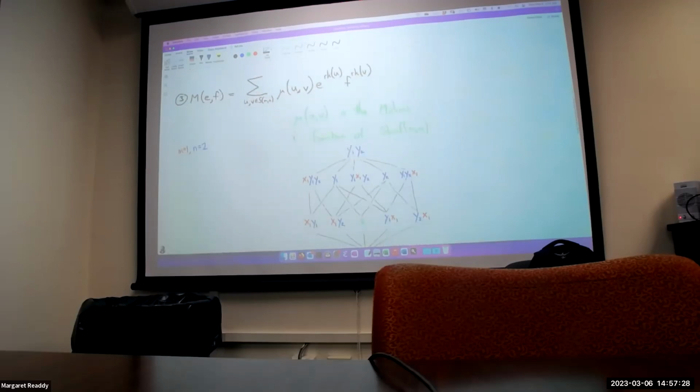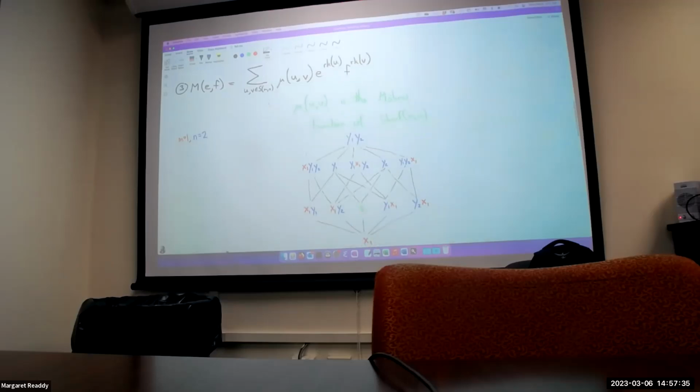And the third polynomial is this Mobius polynomial. What this means is you look at all the intervals of your shuffle lattice, our third structure. We look at all the intervals, U to V, and you take the Mobius function value there.